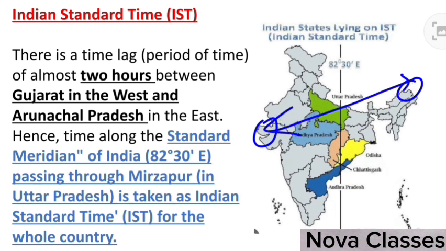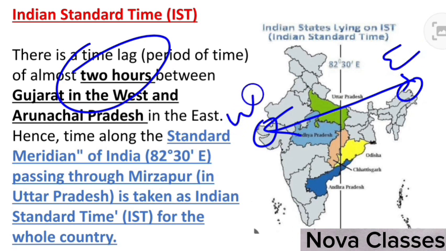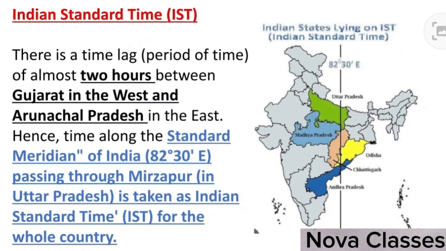The time lag between these two states is 2 hours, because one is the eastern part and the other is the western part. The distance is around 2933 kilometer, so the time lag is 2 hours.